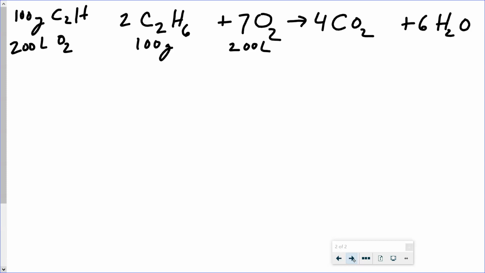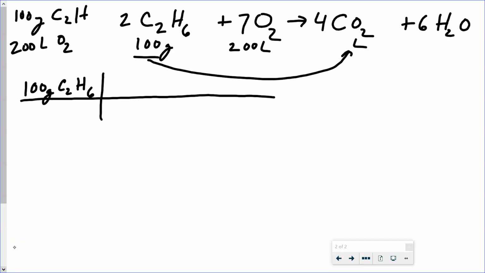So we're going to start with my 100 grams of ethane here, and we're going to do stoichiometry to go from 100 grams of this to liters of CO2. Pause the video and take a second to see if you can write the 3-step conversion to go from 100 grams of ethane to liters of carbon dioxide gas at STP.